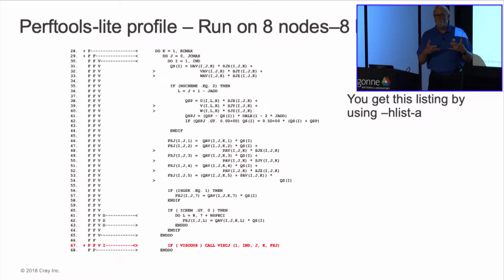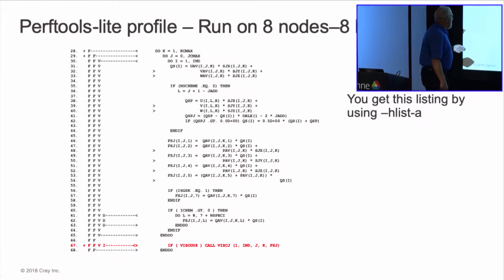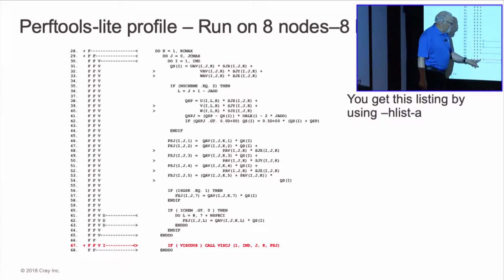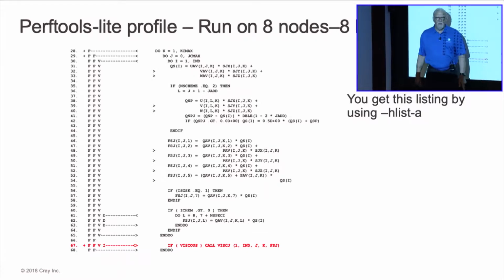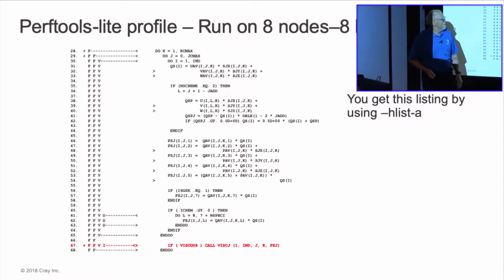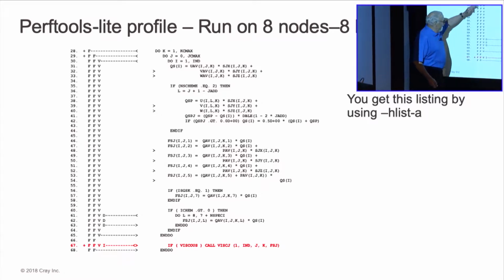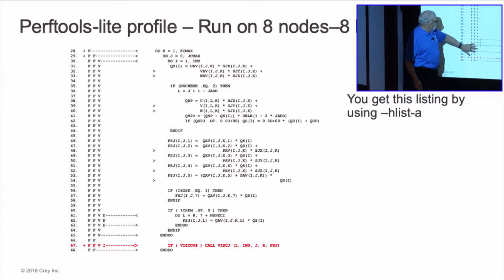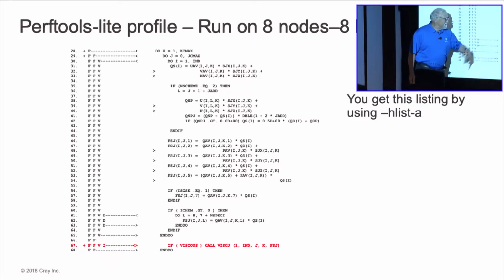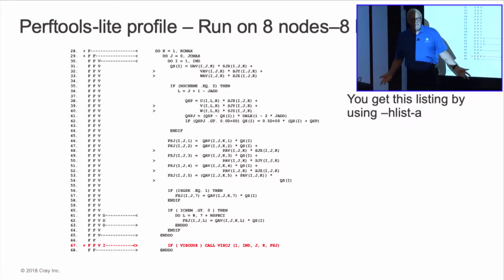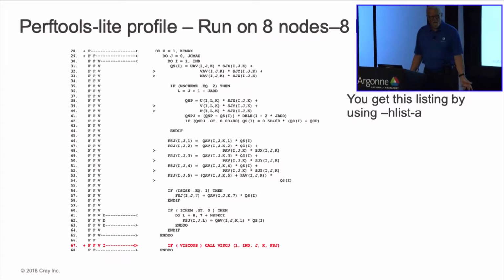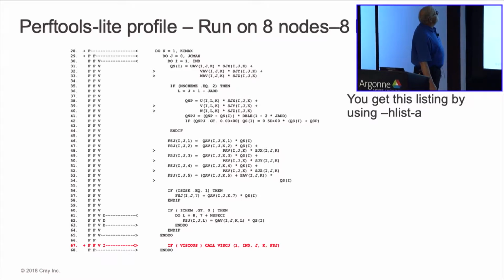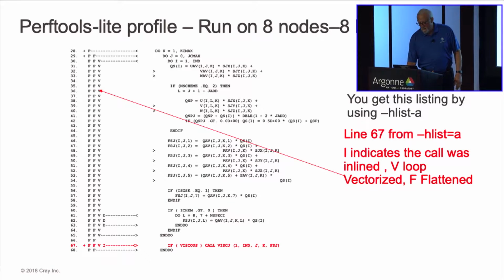In other words, they've been inlined. A V means that there's a loop down in there that has been vectorized. This has all been vectorized. A D means that that was not executed, it was deleted. And we'll get into some other stuff. All right?